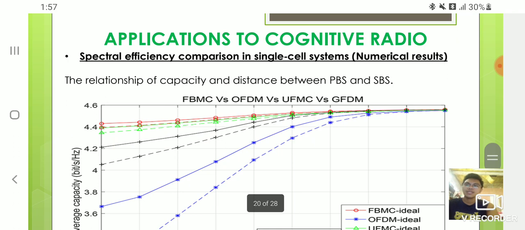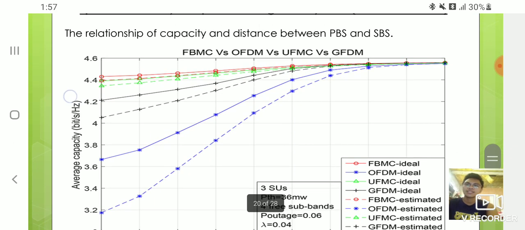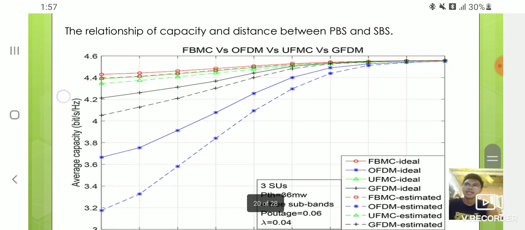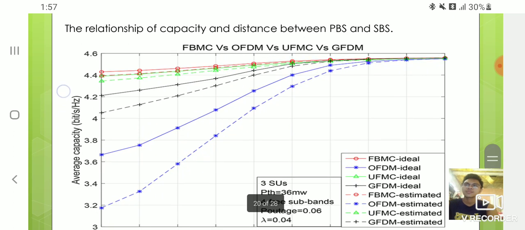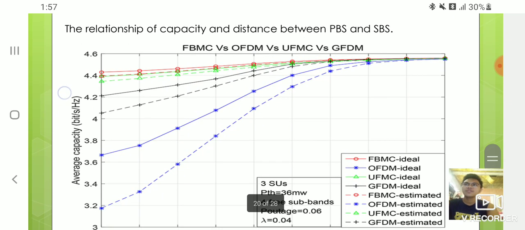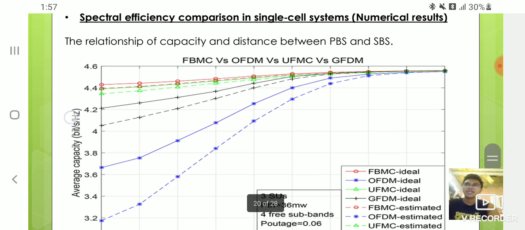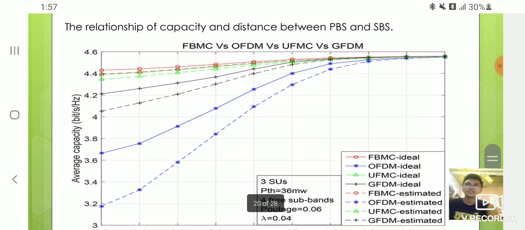Next is the relationship of capacity and distance between PBS and SBS. The impact of the distance between SBS and PBS on spectral efficiency is investigated.